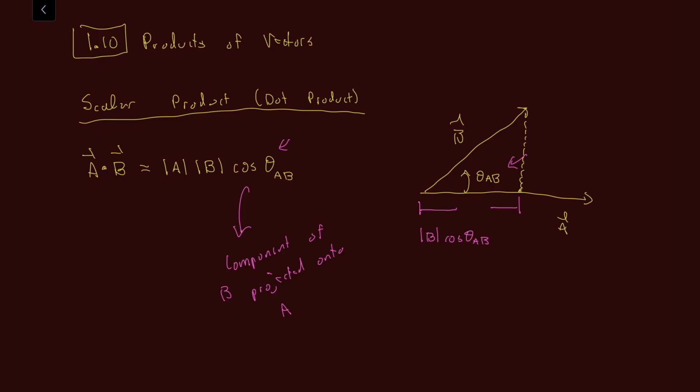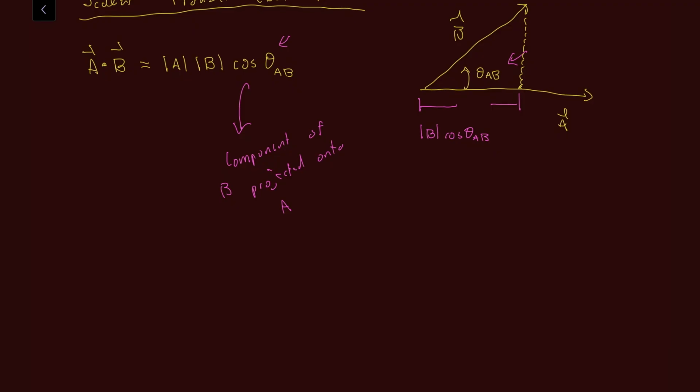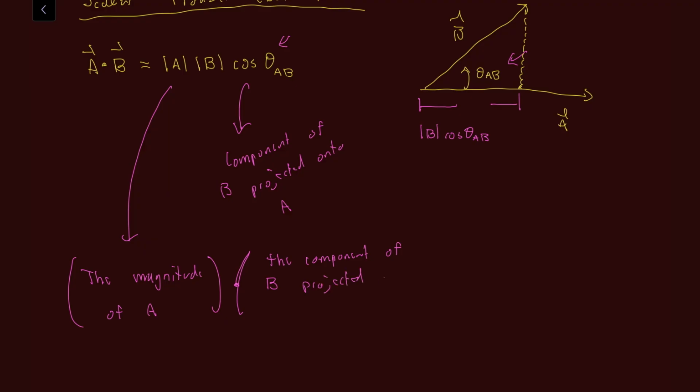Now, we can use that to gain a little bit of knowledge about this scalar product. We can define it as the magnitude of A times the component of B projected onto A. And it also works in reverse. You could look at it as the magnitude of B times the component of A projected onto B.